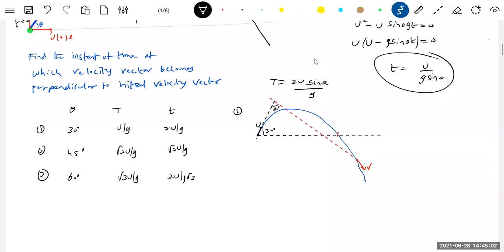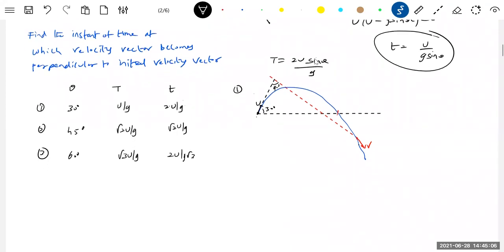I think in numericals we need this background. Now after this, if I project with 45 degrees, when will it become perpendicular? Exactly at the point of striking, it is going to become perpendicular. We have projected with a speed u.